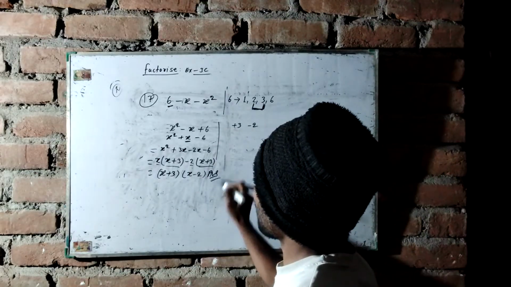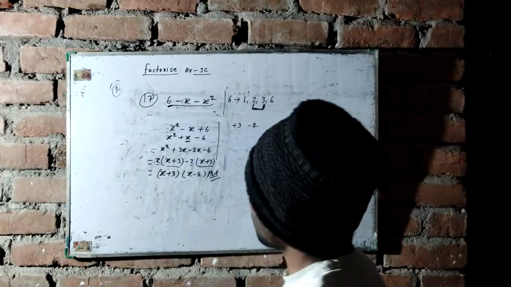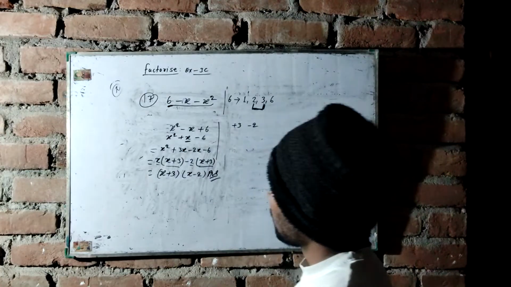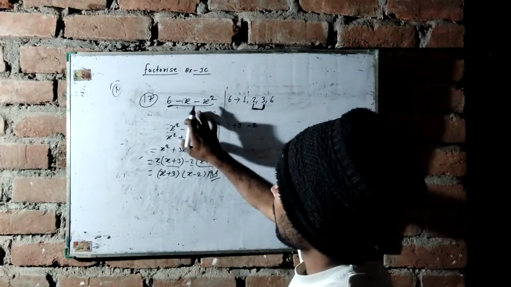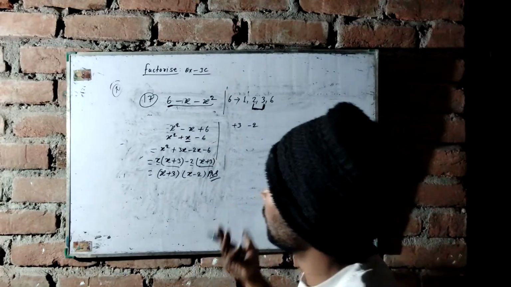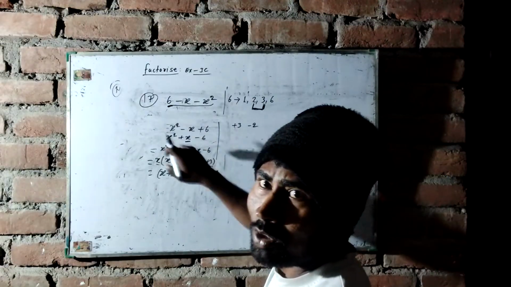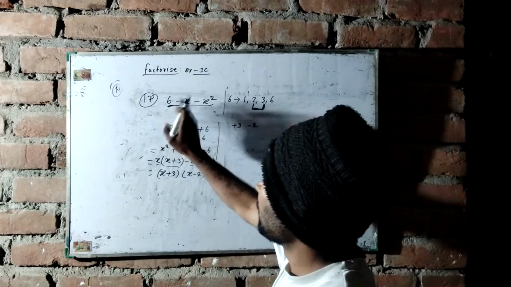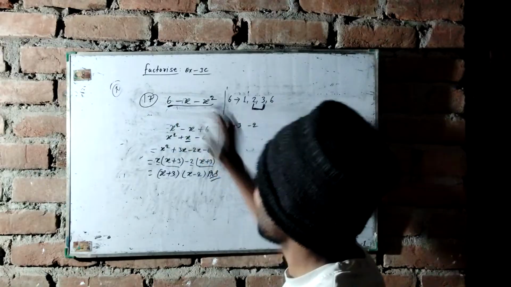This is the required factorization of the polynomial 6 minus x squared. But here we need to change this polynomial back, because the given polynomial is in the form 6 minus x squared.